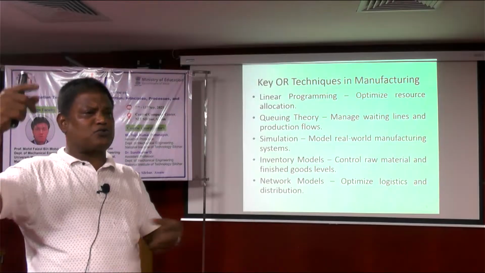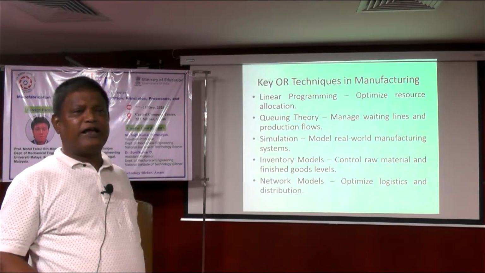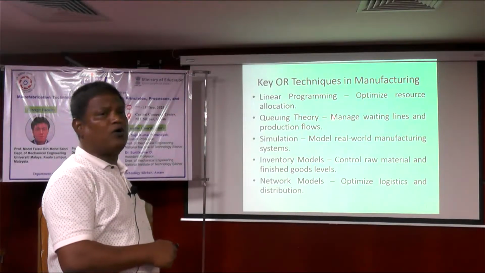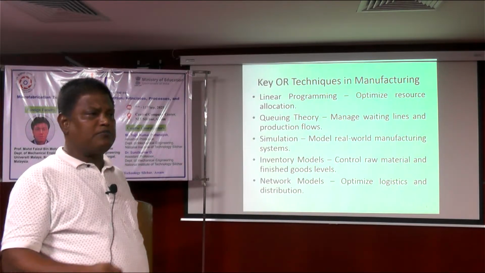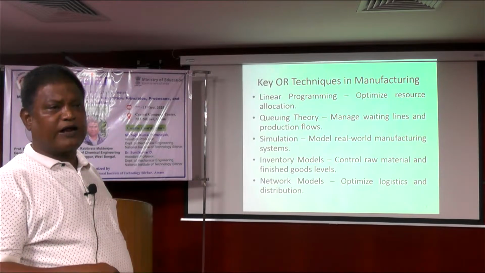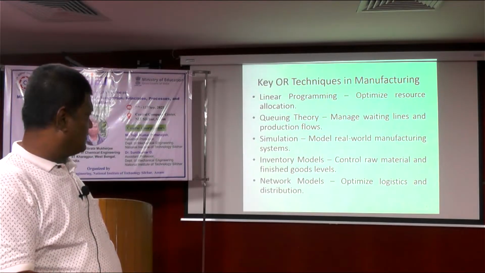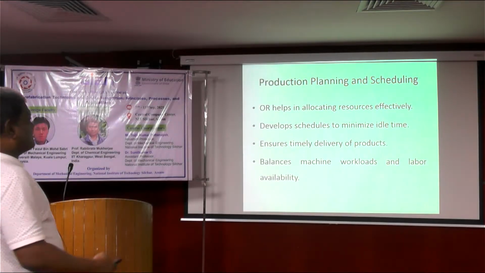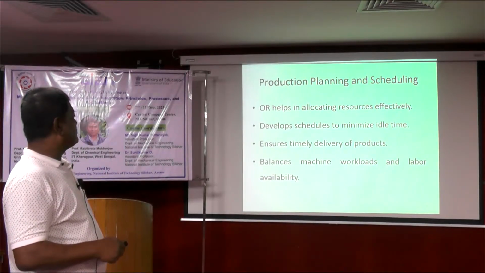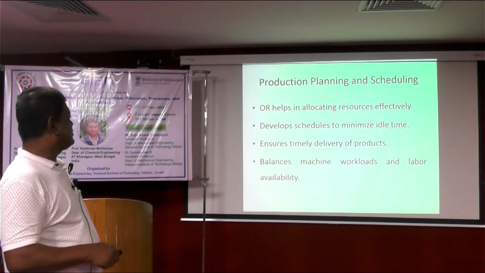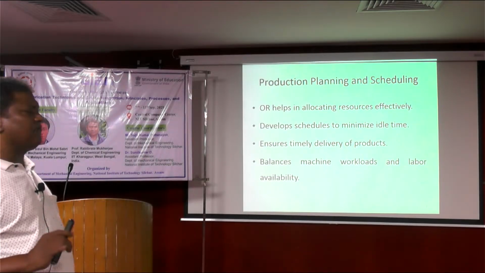So it's logistics management, and again they take the help of OR, maybe some programming, some algorithm they have to write and run, so it works automatically. Now, production planning and scheduling helps in allocating resources effectively, develops schedules to minimize idle time, ensures timely delivery of products, and balances machine workload and labor availability.